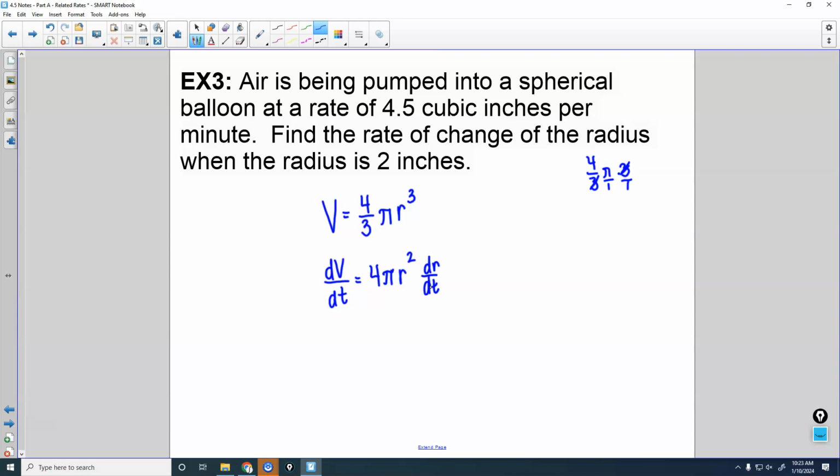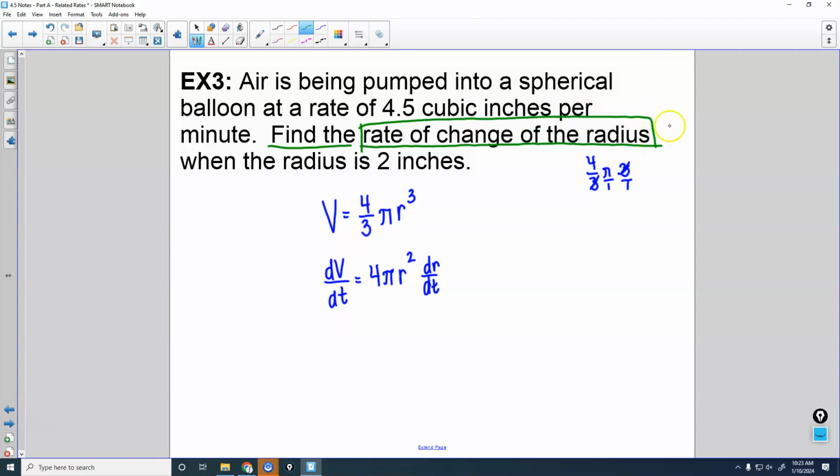Okay, so this dV/dt and the dr/dt, those are rates. So dV/dt is the rate at which the volume is changing. dr/dt is the rate at which the radius is changing. So what are we looking for in this problem? What variable are we trying to solve for? dr/dt, because it says find the rate of change of the radius.